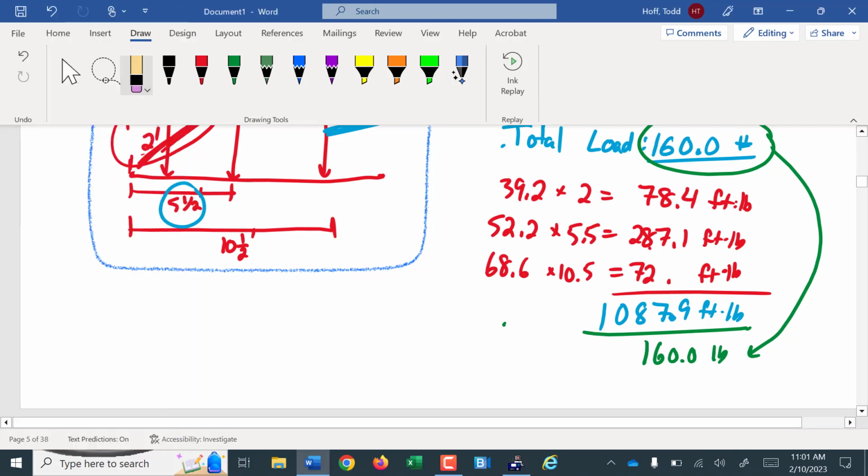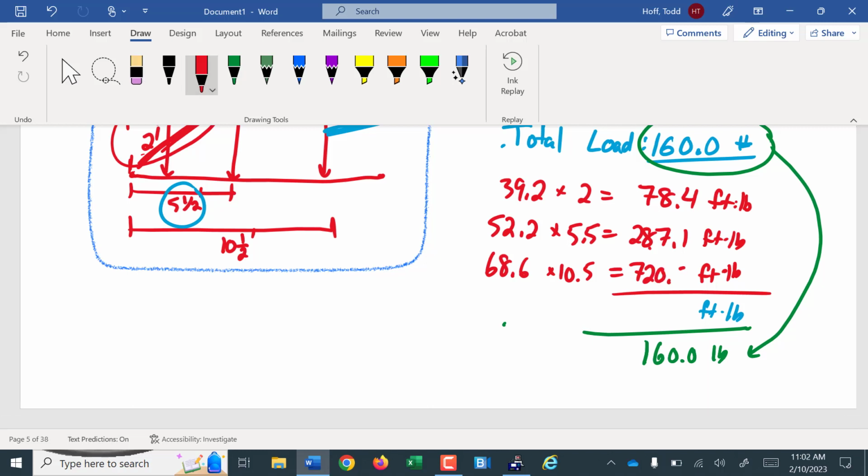So let me change that. That'll change our total here. So is that 1,085.8? Does that look better for a total?